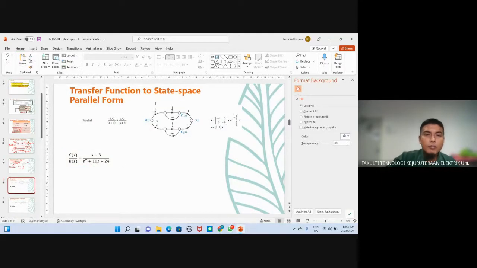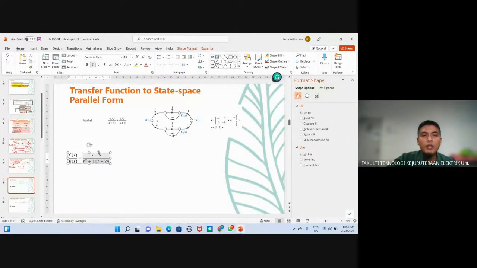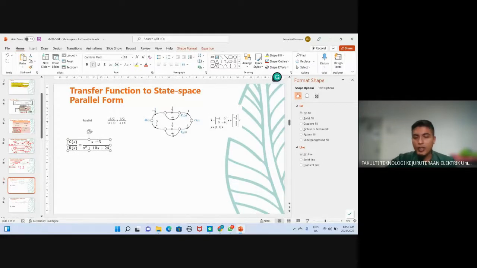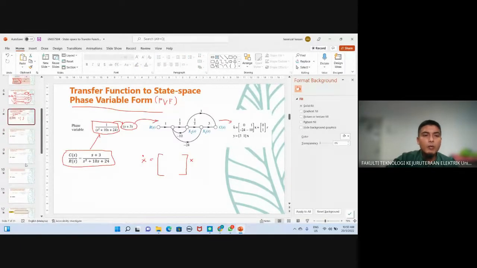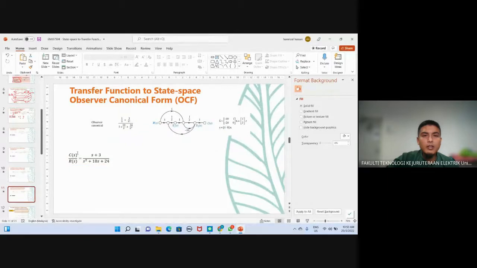Transfer function to state space parallel form. I will write it here in this empty space, and you just need to refer to the slide later, because today I would like to explain the most important forms, the phase variable form and also the observer canonical form.